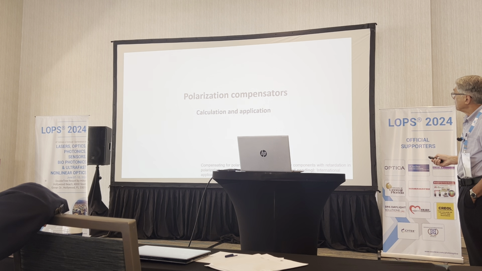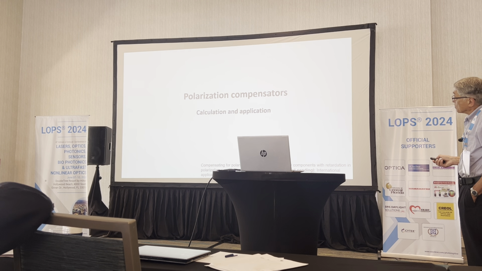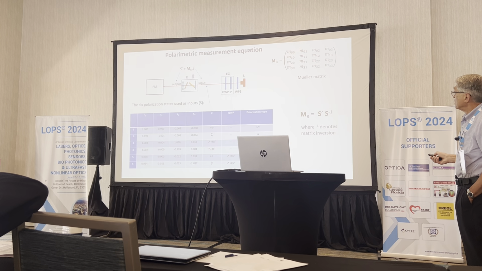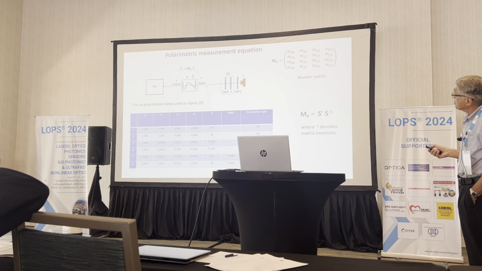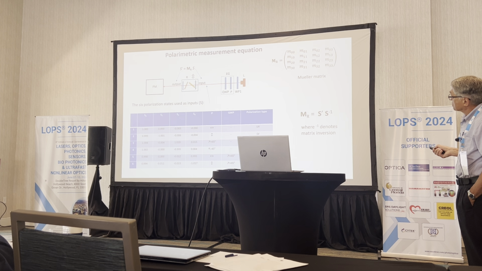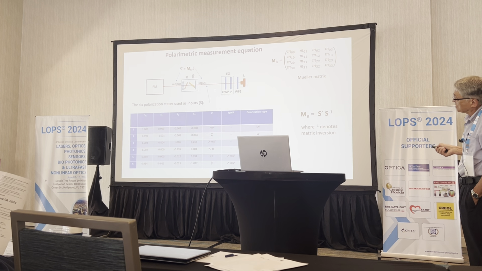Okay. Now, we can compensate the polarization changes introduced by the system by using standard polarimetric measurement. We have the standard ellipsometric principle. Using an eigenstate generator, you're usually introducing the 6 degenerate states.